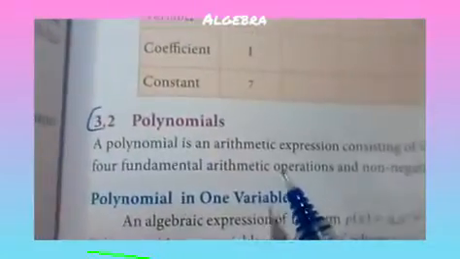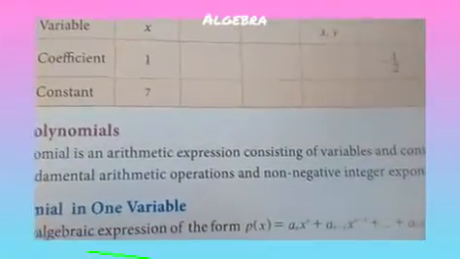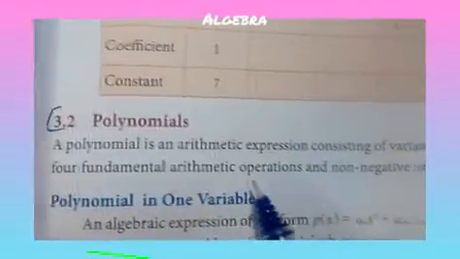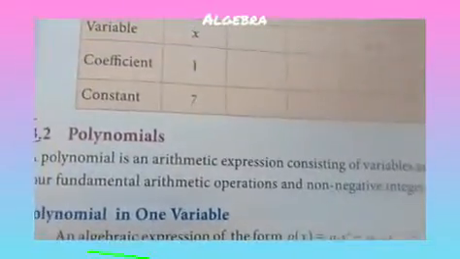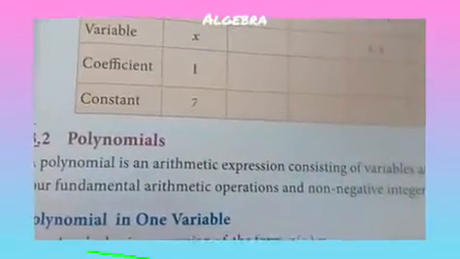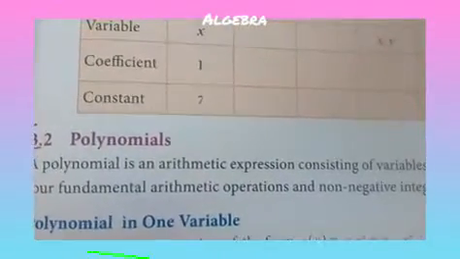Next one is a polynomial. A polynomial is an arithmetic expression consisting of variables and constants that involves the four fundamental arithmetic operations and non-negative integer exponents of variables. For example, an expression with more than 3 terms, or more than 5 terms, we also consider as a polynomial.